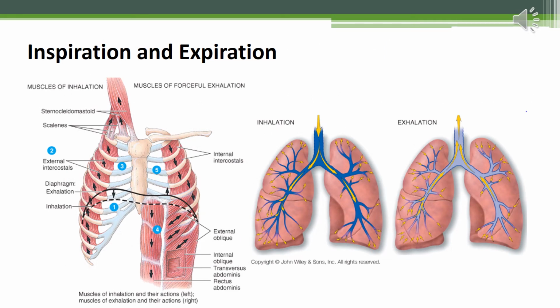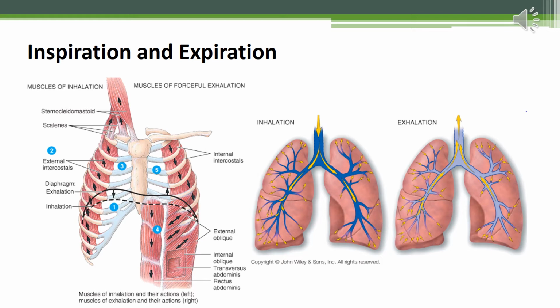Here's a diagram of how inspiration and expiration work in the body. On the left portion of this diagram, it's showing all of those muscles contracting such that the thoracic cavity increases in volume, which increases the lungs' volume, so that air flows into the lungs from an area of higher pressure to an area of lower pressure.